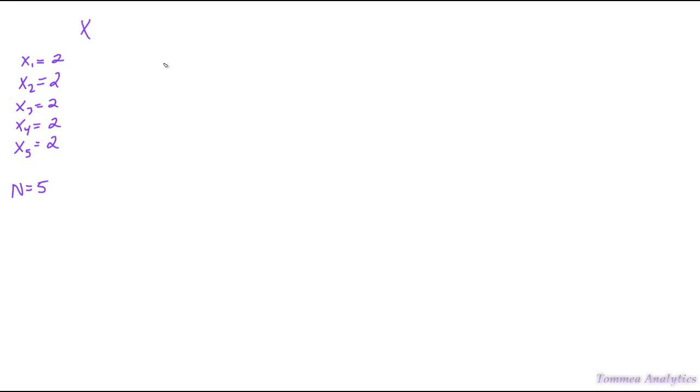And what we want to do first is find the population mean. So to do that, we add up all of the observed values and divide by the total number of observations. So the notation for that is the sum of x sub i, from the first to the fifth, and we divide by 5.